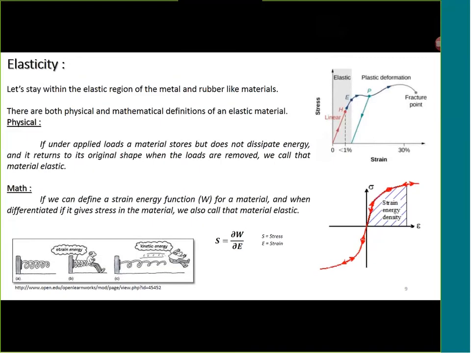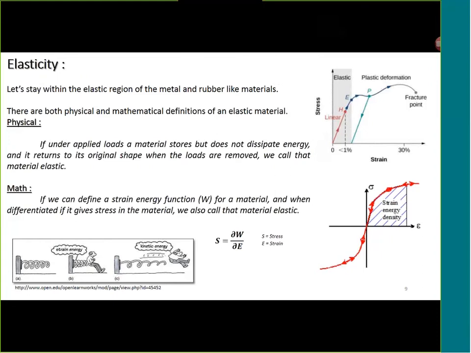Long ago, once upon a time, there were two kinds of people, physicist and mathematician. Initially there were no engineers. So the physicist and mathematician started looking at the material in two different aspects.